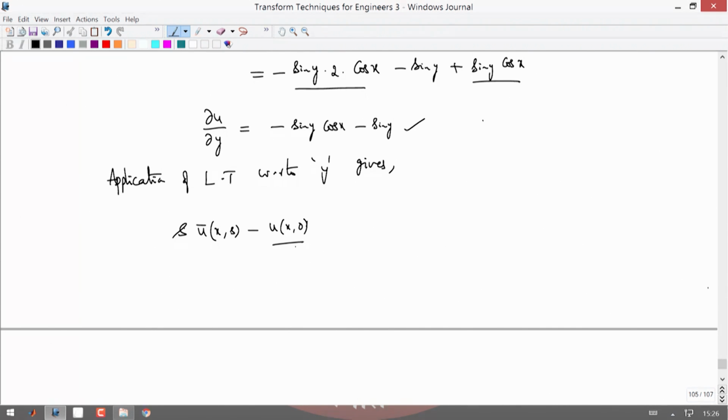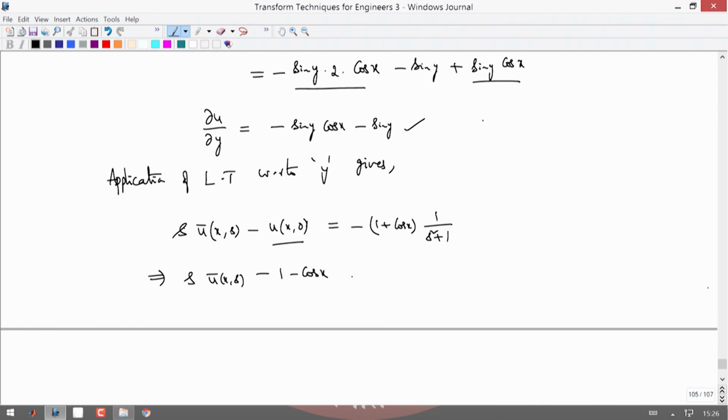This is going to be 1 plus cos x, and this is equal to, now this is with respect to y, so you have 1 plus cos x times sin y. So, sin y, if you do Laplace transform, that gives me 1 by s square plus 1. So, this implies s times u bar of x s is going to be 1 minus cos x.